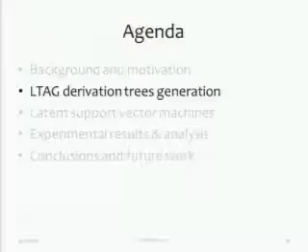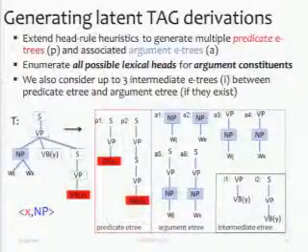So how did we generate these LTAG derivation trees? Instead of using a fixed, specified set of heuristic rules, such as Magerman-Collins head percolation rules, we extended head rule heuristics to generate multiple predicate E-trees and argument E-trees. Here, T is the path tree, X is the predicate, and NP is the target constituent.